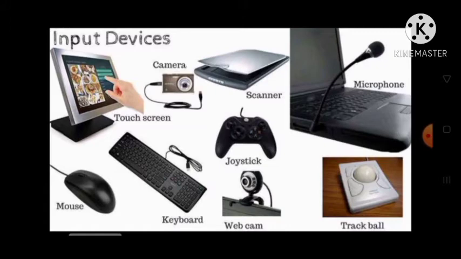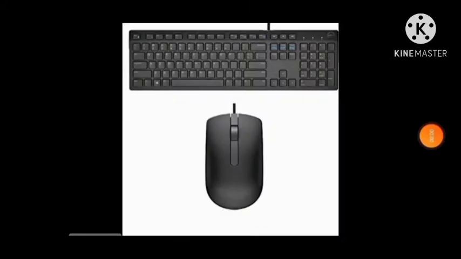And in a keyboard, we have two types of keys. What are they? They are alphabet keys and number keys. Alphabet keys are nothing but there are 26 alphabet keys present on a keyboard, that is from A to Z. Number keys are from 0 to 9 and they are used for typing numbers.